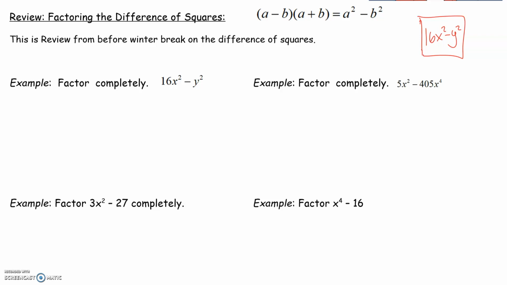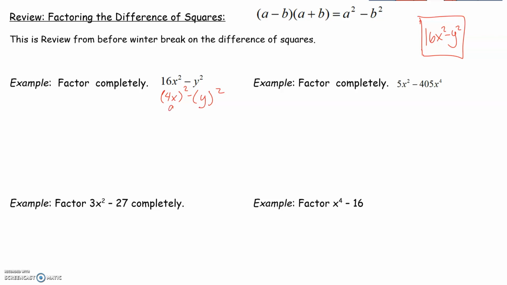And the way that we're going to look at that is we're going to break each one down. We're going to see what number squared gives us 16x squared. And that's just going to be 4x. And then the second term is just going to be y.